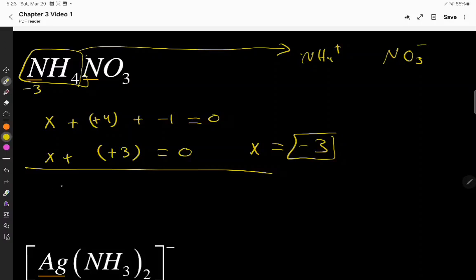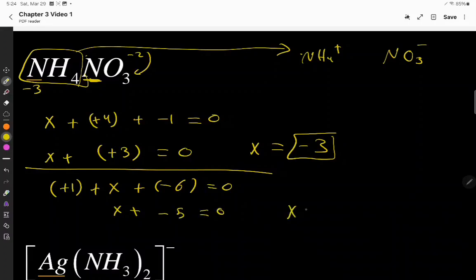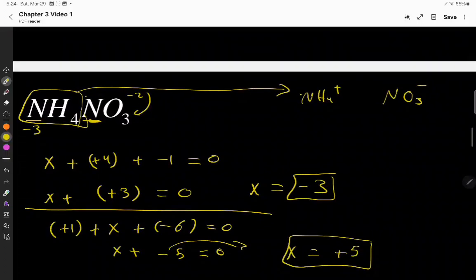Now NH4 is positive 1, plus this N, I will deal with it as X, plus oxygen negative 2 times 3, that will be negative 6, equals 0. Now positive 1 plus negative 6, X plus negative 5 equals 0. X equals positive 5. Now the second N equals positive 5.